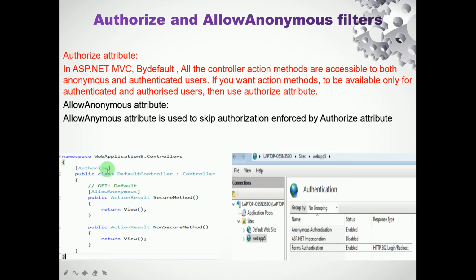If you define this attribute on top of the controller, then only authorized or authenticated persons can access these controls. The allow anonymous attribute is used to skip authorization enforced by the authorize attribute. It is useful to access methods if the authorize attribute is already given to the controller.